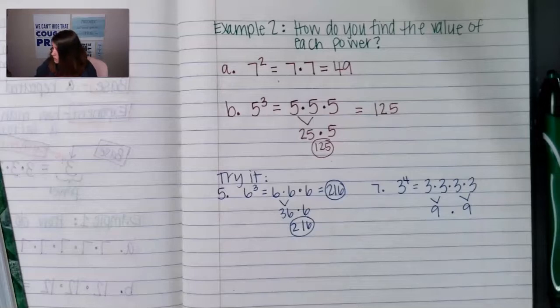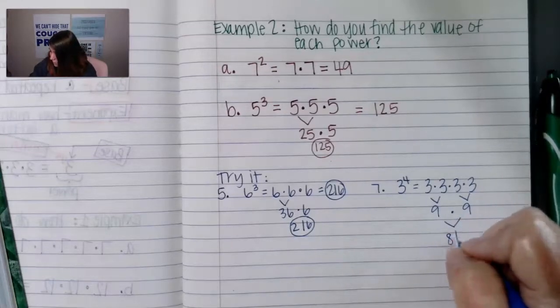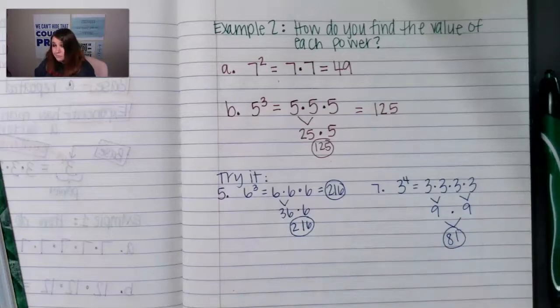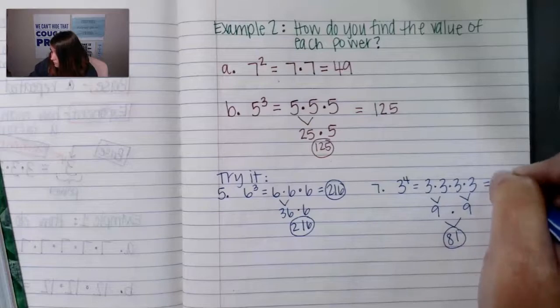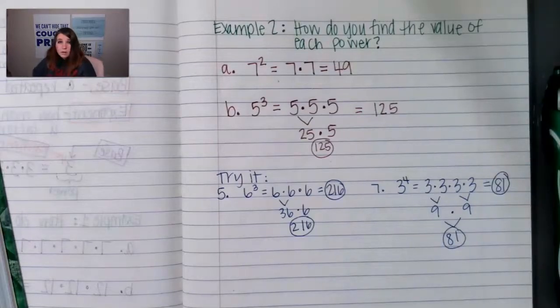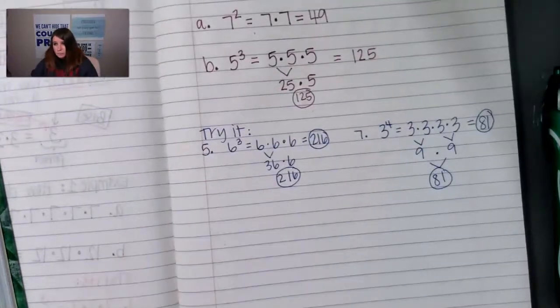And 9 times 9 is 81. So the value of this one is 81. If you showed your work a little bit different, that's okay. Remember, there's more than one way to do math. I just like to organize my work like that.